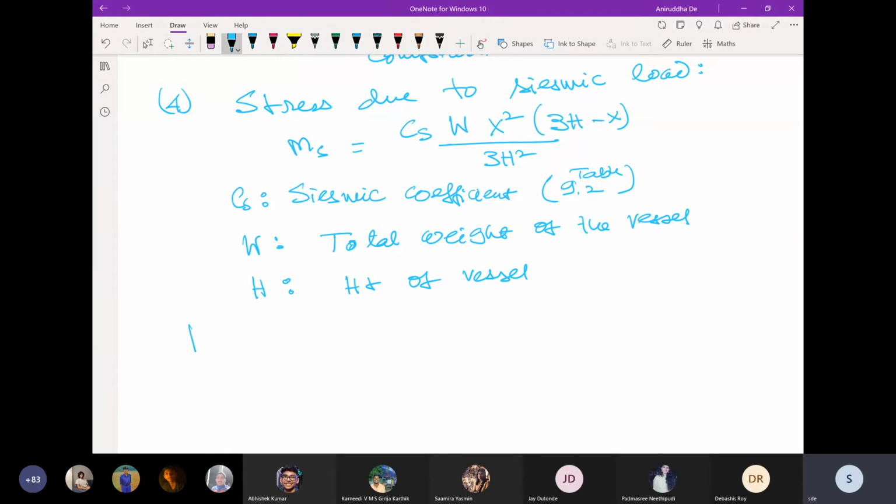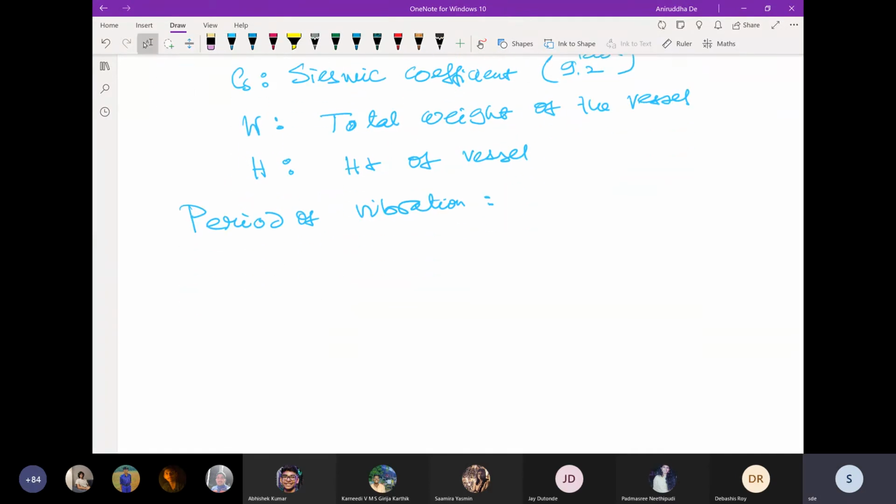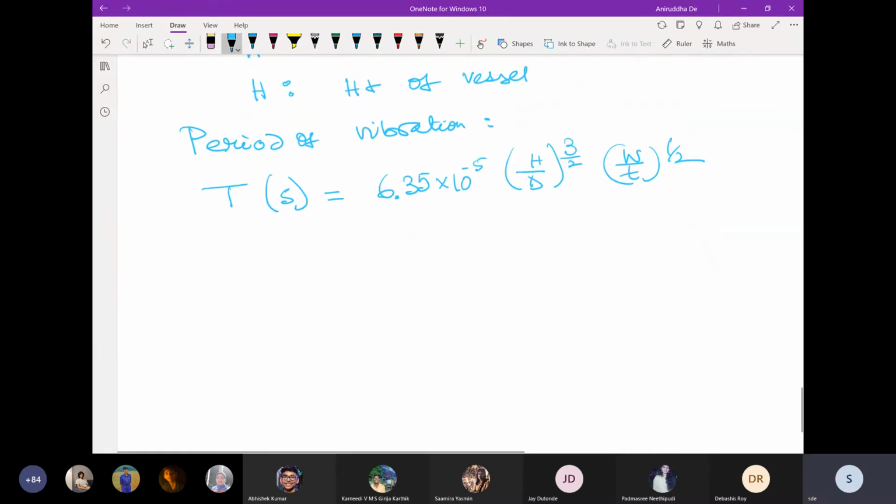And period of vibration is basically period of natural oscillation of the tall vessel. This is given from this correlation. Time period in second is 6.35 into 10 to the power minus 5 (h by d) raised to the power 3 by 2 (w by t) to the power 1 by 2.